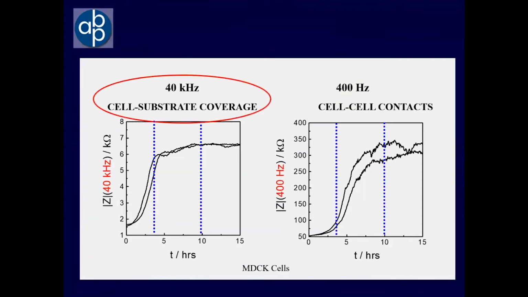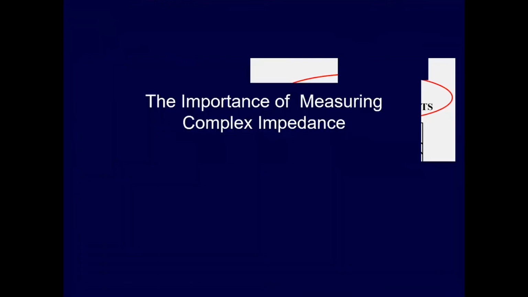High frequency is looking at cell substrate coverage, whereas lower frequencies are probing the paracellular space between the cells. Again, we have to make a lot of assumptions here because we're only using simple impedance. But we can refine our understanding of this quite a bit if we instead monitor what we call complex impedance.